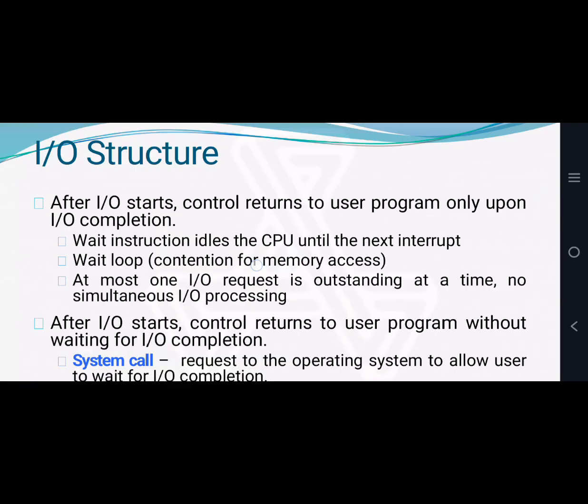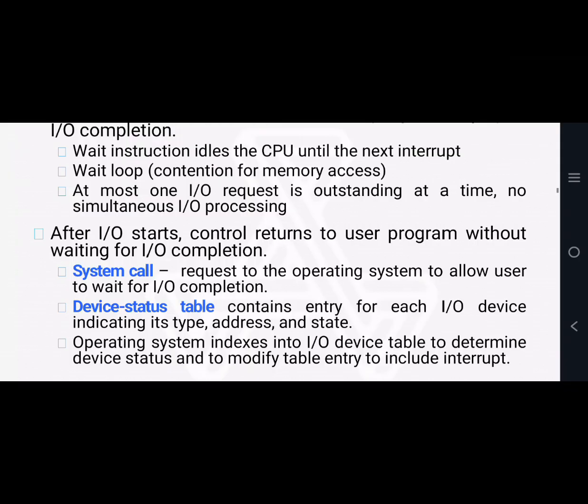At most one I/O request is outstanding at a time, with no simultaneous I/O processing. Alternatively, after I/O starts, control returns to the user program without waiting for I/O completion. A system call is a request to the operating system to allow the user to wait for I/O completion.